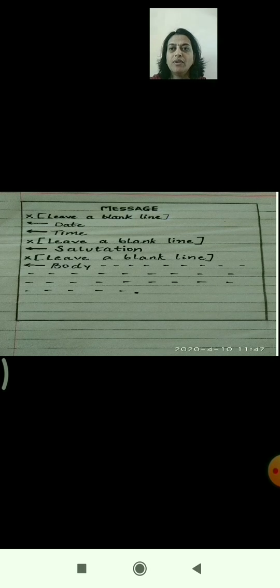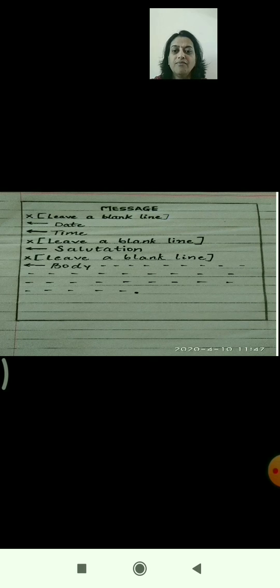What did we do? We wrote the message in the center of the box. We left one line. Then we wrote the date. Then the time. Again we left one line blank. Then we had the salutation. Again we left a line.